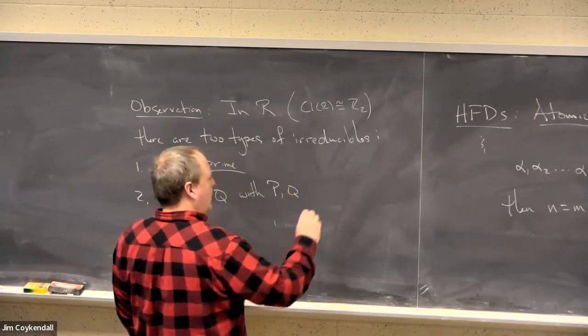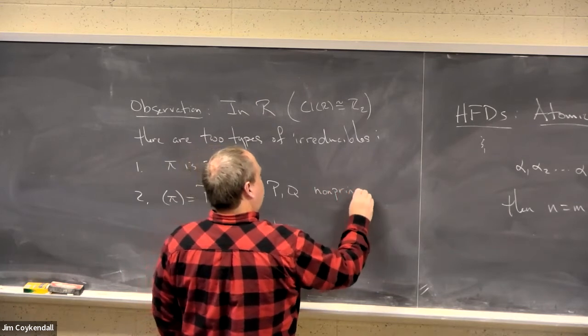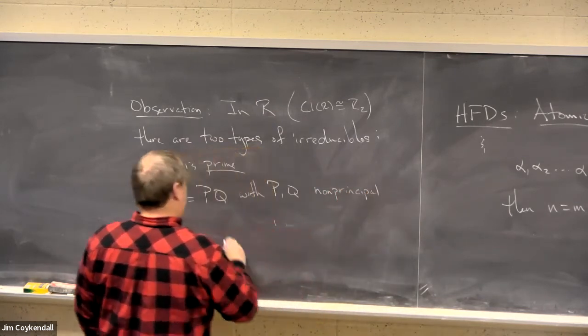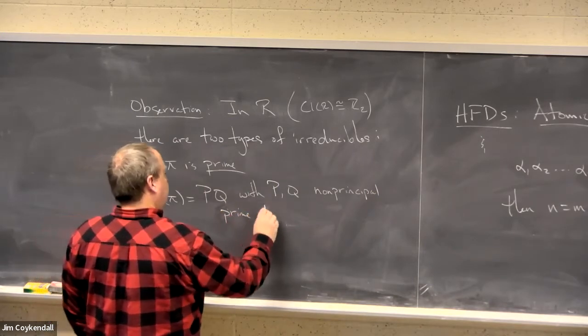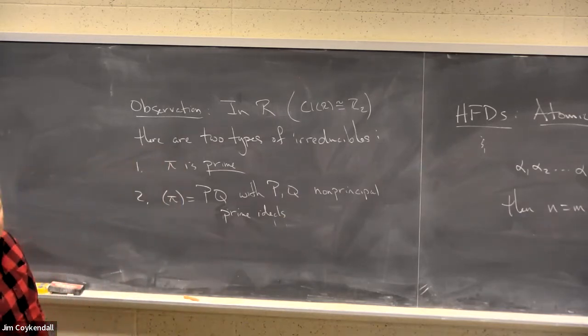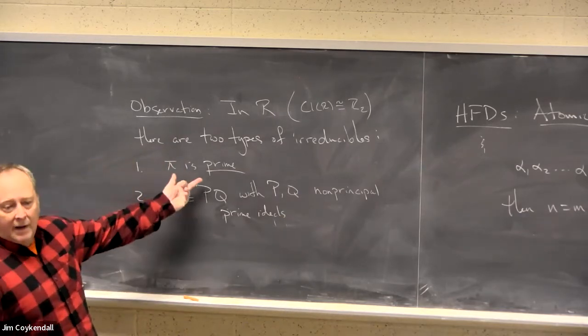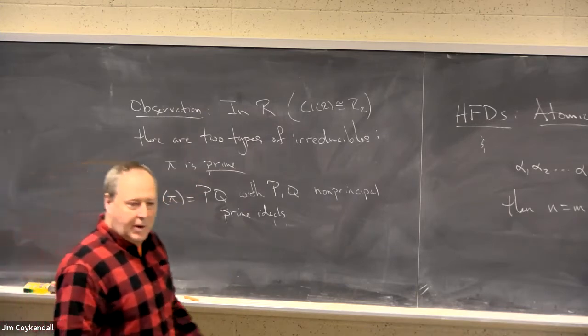P and Q, non-principal prime ideals. These are the only ways that irreducibles can be formed. They are either, as they stand, prime themselves, or they're the product of 2 non-principal primes.